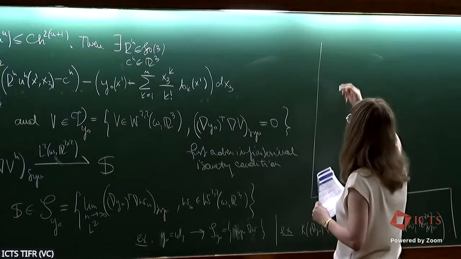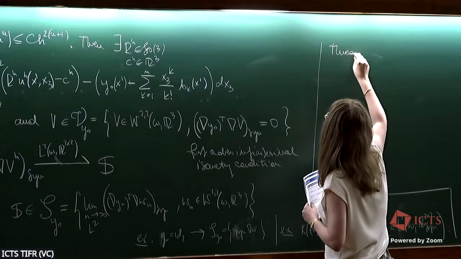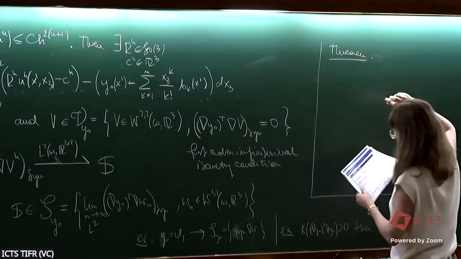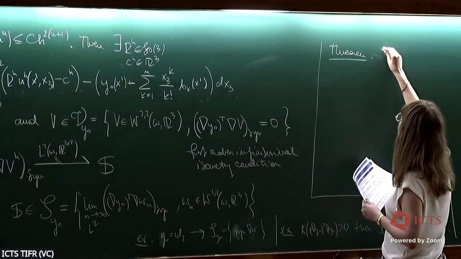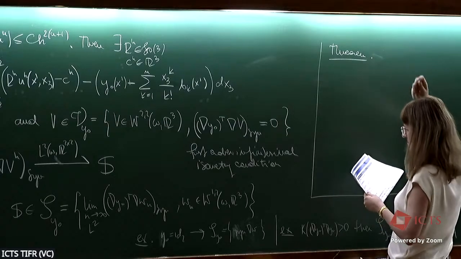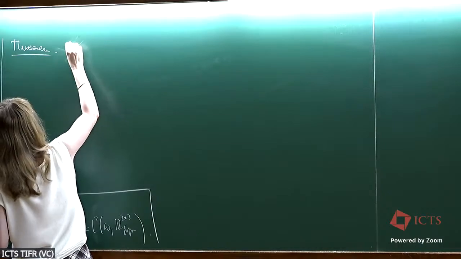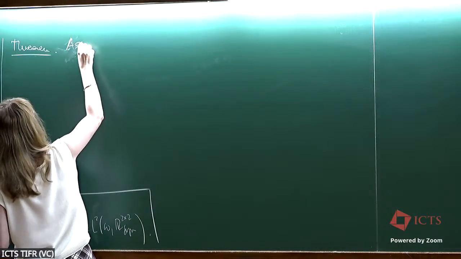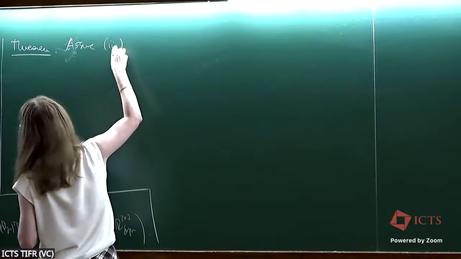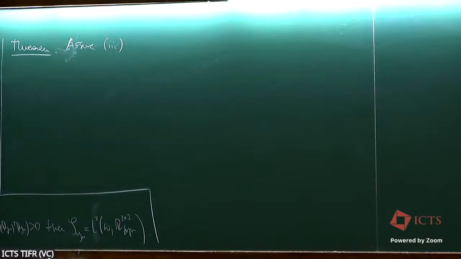So just very quickly, theorem. Assume condition 3, big 3 here. So this is big 1, big 2, big 3. Right? So that I know.